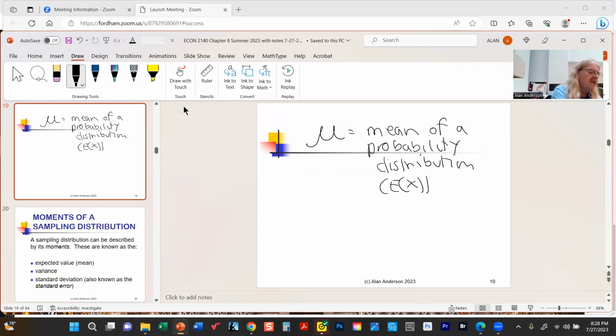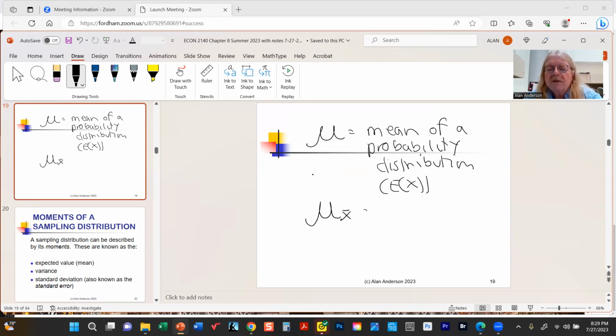In other words, the mere fact that you're being given samples means you're clearly not calculating the mean of a population. The variance, oh, and by the way, when we're dealing with the sampling distribution of X bar, we have to make this a little different.